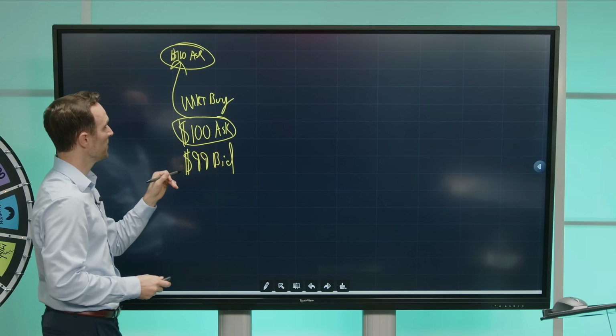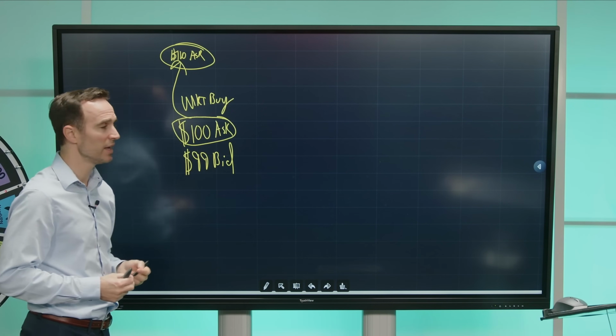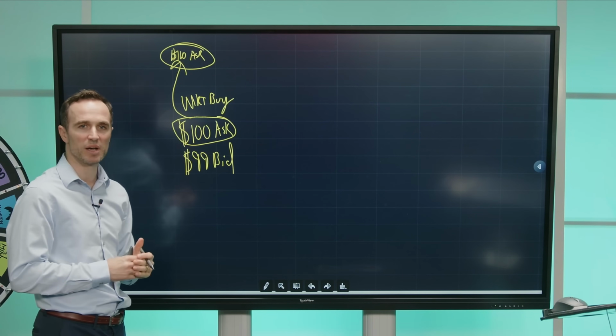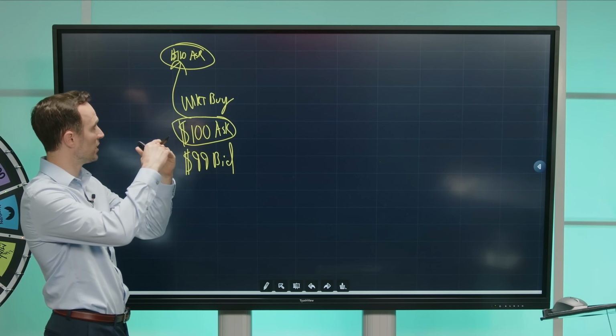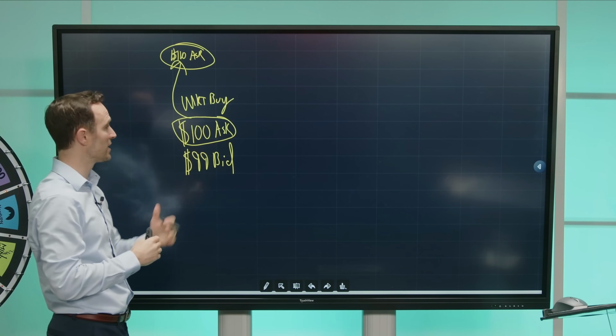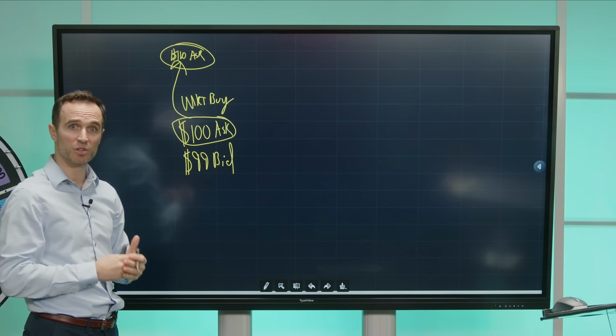This is the risk with a market order. It essentially says, get me in as quickly as possible, I don't care what the price is. And if there's a temporary bid and ask spread of several dollars, or $10 in this case, you will get a horrible fill on your stock.